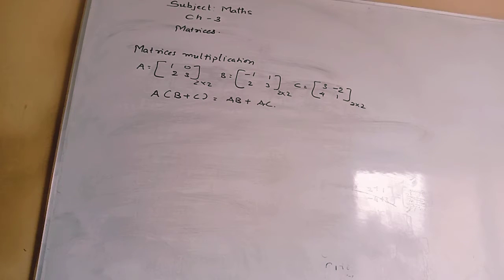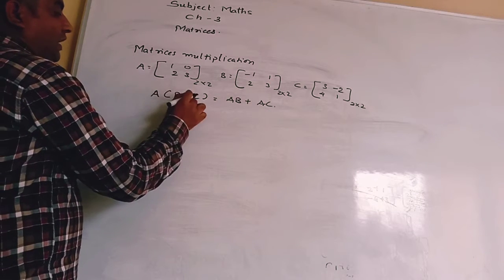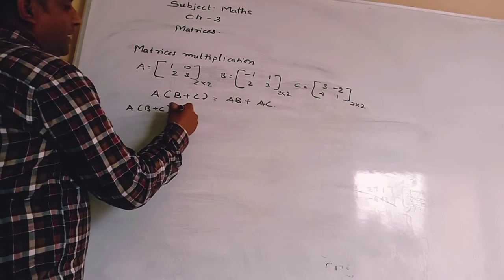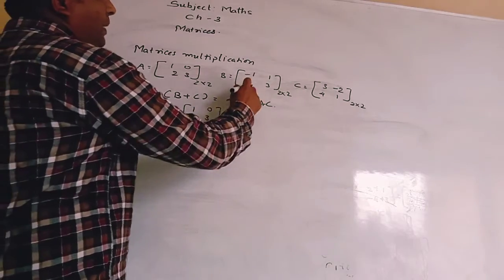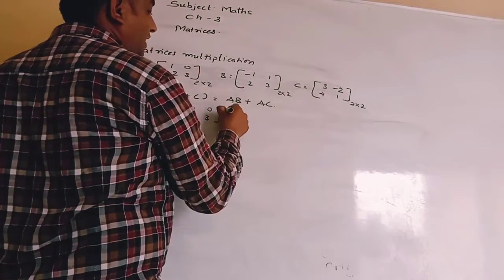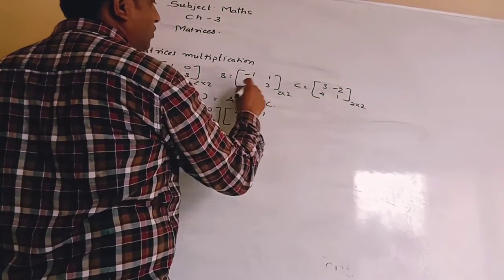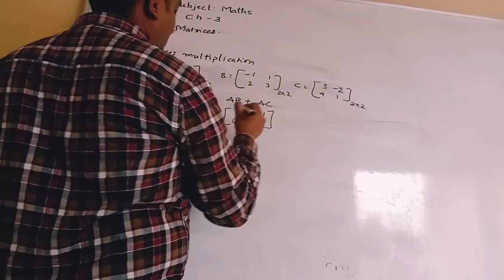Now let's see whether matrices follow the distributive law or not. For that, on the left hand side we want to solve A into B plus C. A matrix is 1 0 2 3 and B plus C: B and C addition is -1 plus 3, 2, 1 plus -2, -1, 2 plus 4, 6 and 3 plus 1, 4.